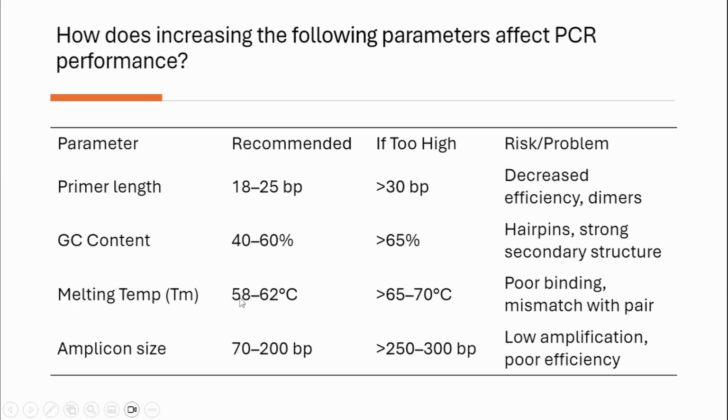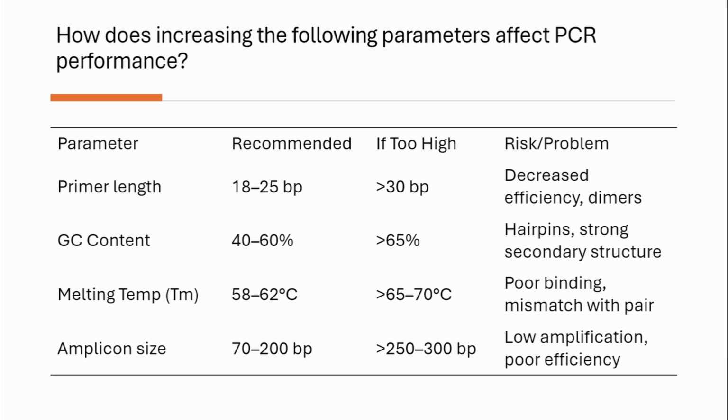If melting temperature increases, binding will not be proper, and mismatch with the pair may occur. If amplicon size is more than 70 to 200 base pairs, low amplification occurs, with poor efficiency. These problems can be faced if we ignore the features or characteristics of primers during selection of primer.